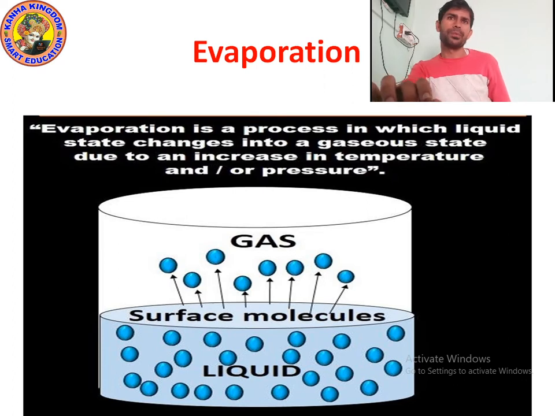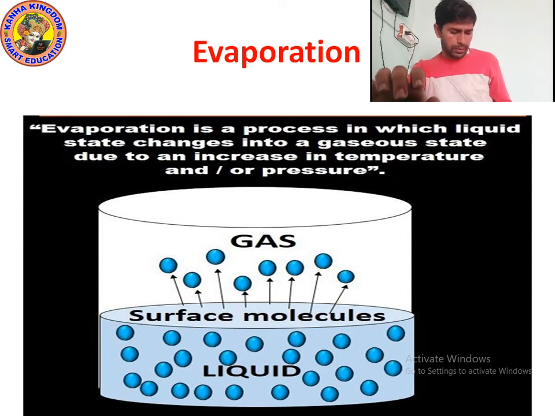After 5 to 6 hours, you will see that the water has disappeared. Now where has this water gone? This water has converted in the form of evaporation and it has gone up.